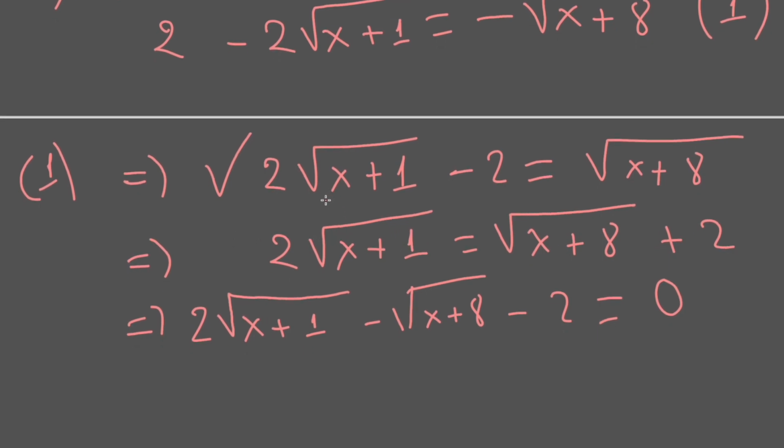Because when you square both sides of the equation, you have to completely clean something, like clean x, or clean a specific number without containing x in the expression.